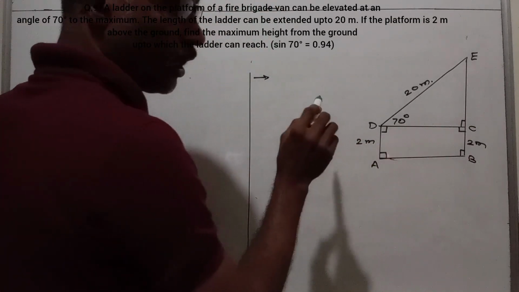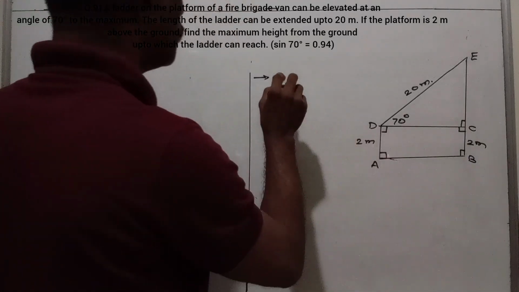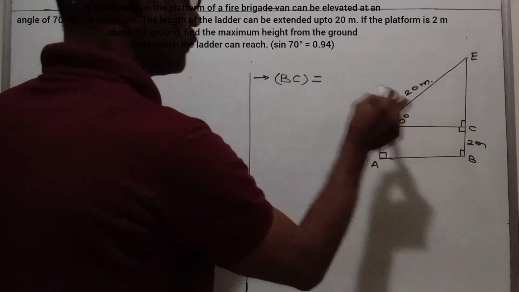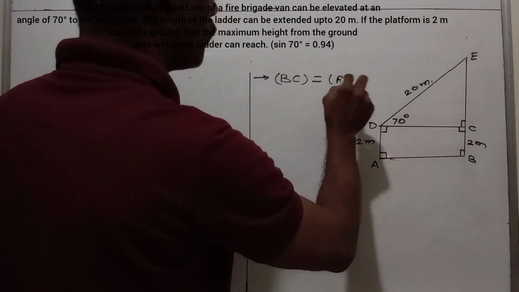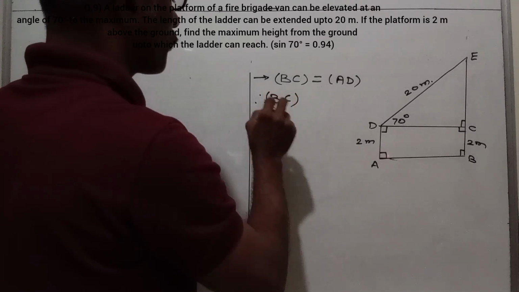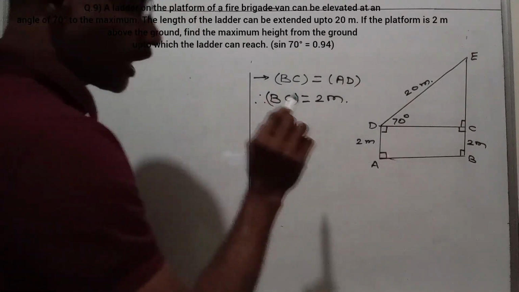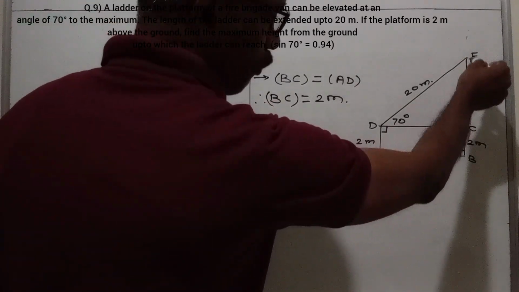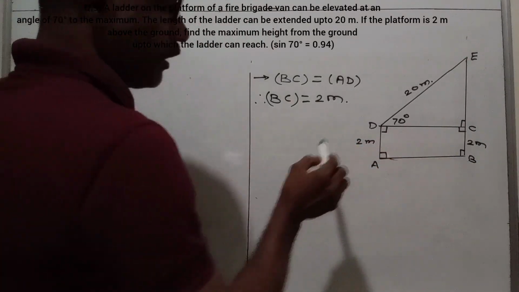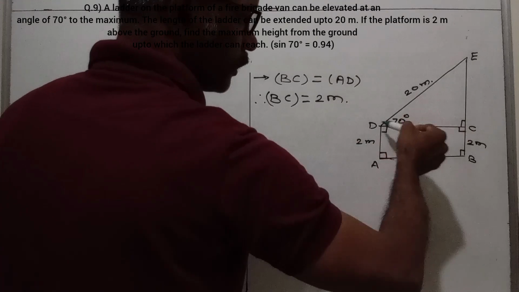Now in a rectangle, opposite sides are congruent or equal in length. Therefore BC is equal to AD. Therefore BC is equal to 2 meter. Did you get it? Now we want the total height BE.